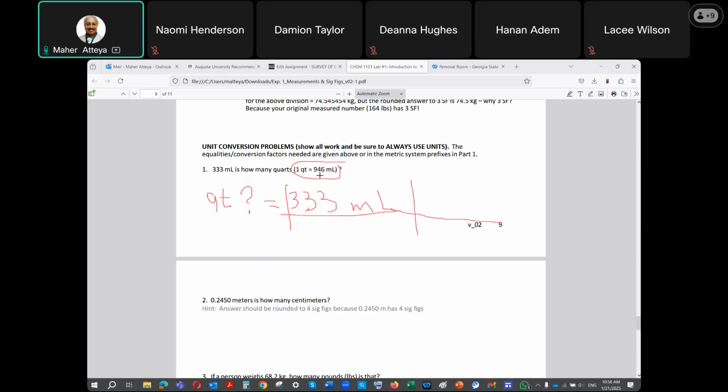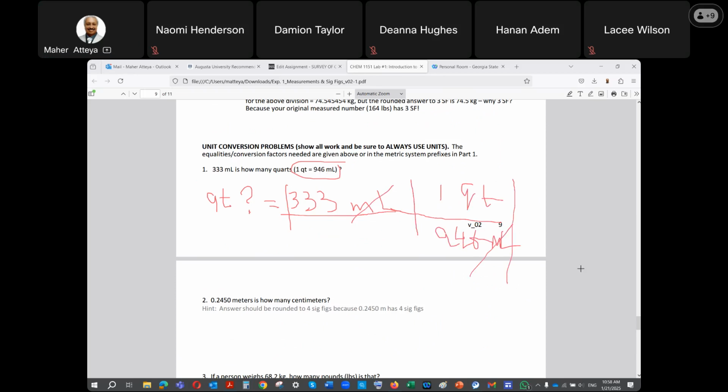Now, 1 QT on the top, 946 mL on the bottom. mL cancels.